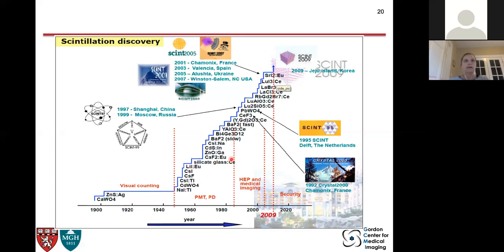Medical imaging and high energy physics are the fields that have been driving this development. There's a lot of overlap between research for scintillators for medical imaging and for high energy physics. Another big area where scintillators are used is nuclear security.